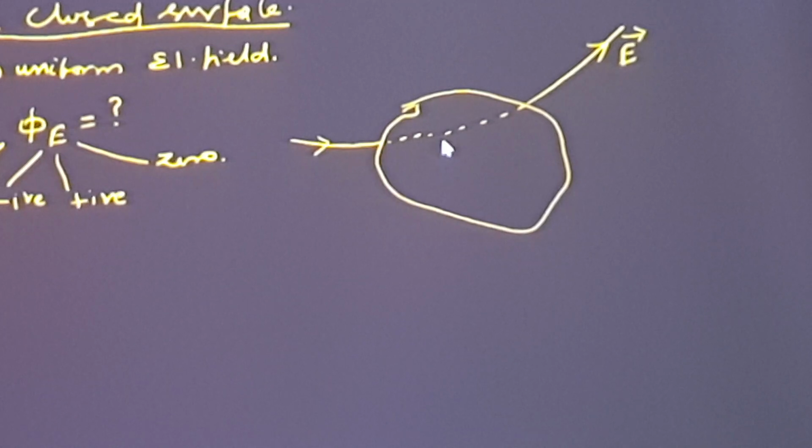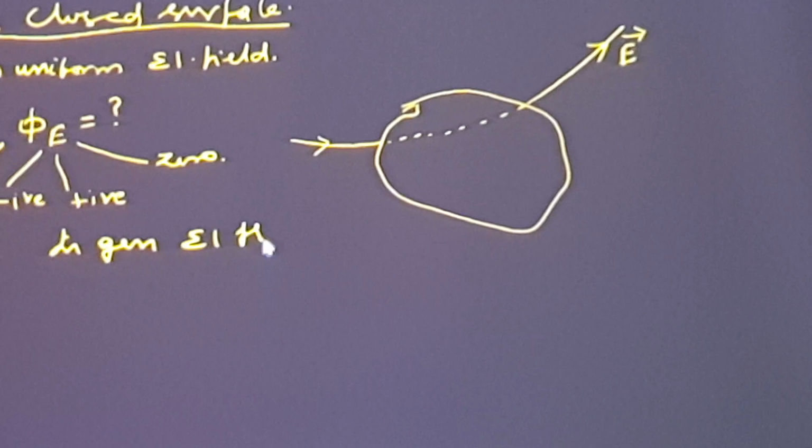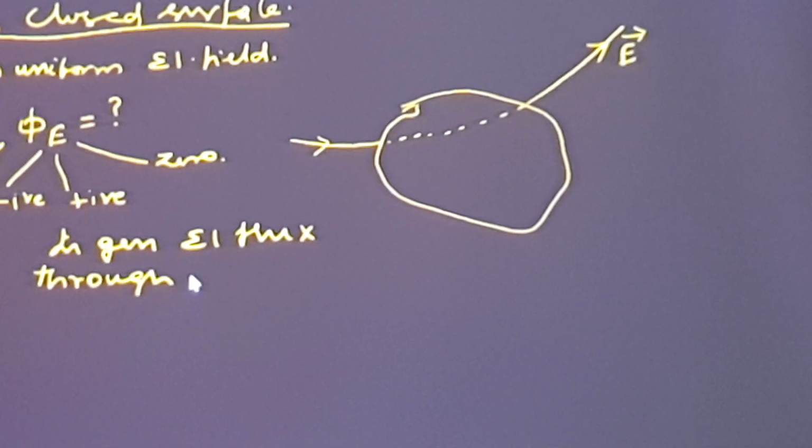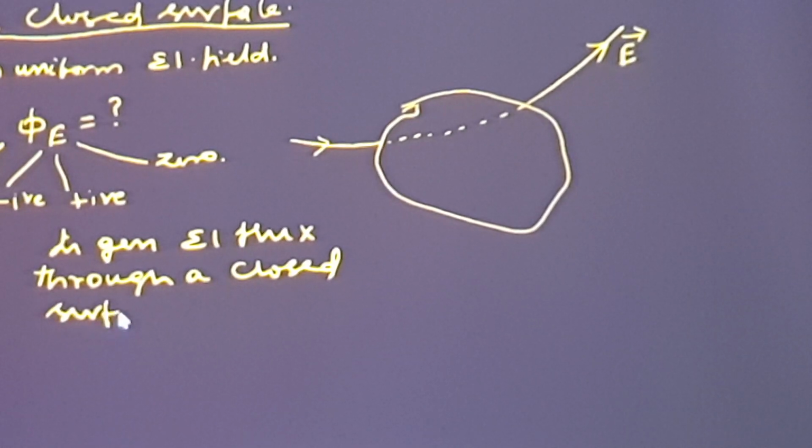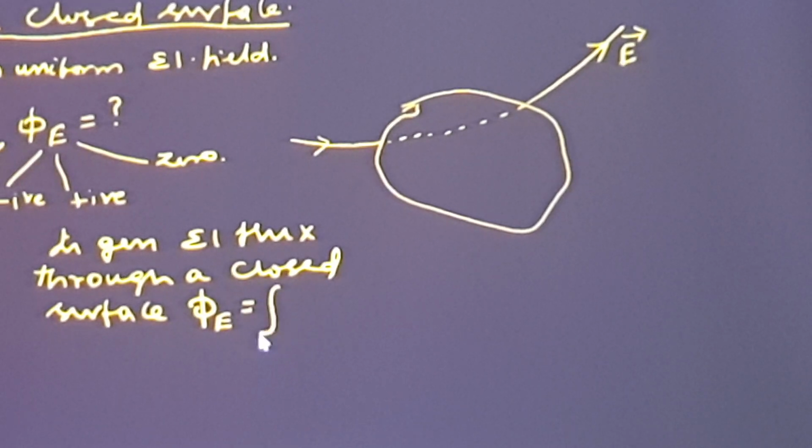In order to calculate the electrical flux, first of all, let us consider the general formula. In general, the electrical flux through a surface is given by flux phi of E equal to the integral of E vector dot dA vector. This is what we studied in the case of a curved surface.